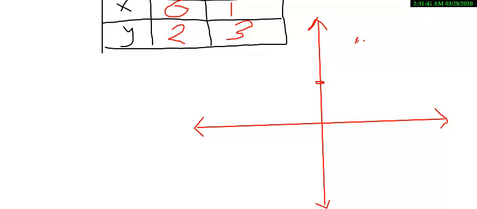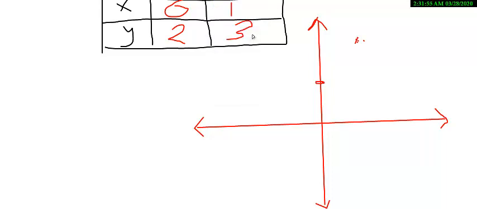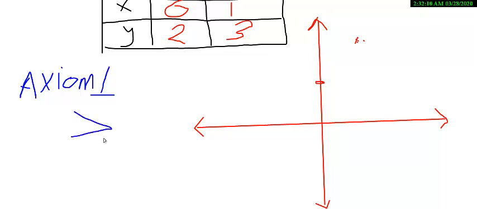Before we line up the 2 points, I need to give you some axioms. Axiom number 1 states that if the inequality sign contains an equal sign, like less than or greater than including equal sign, that means the bounded line will be a solid line.